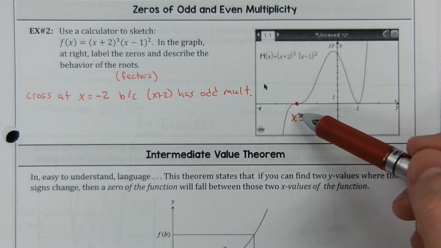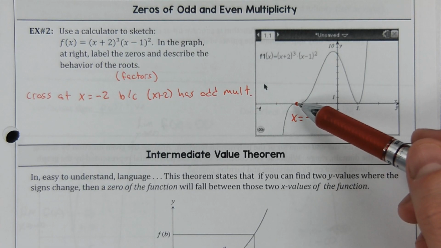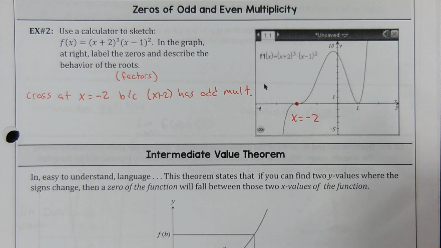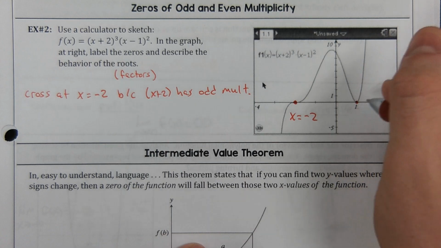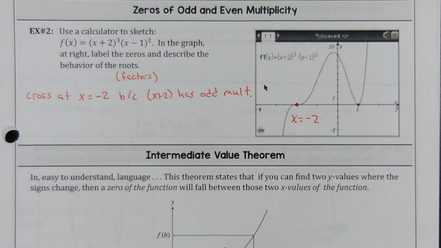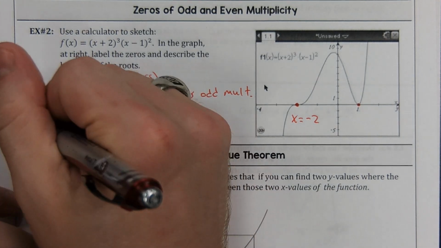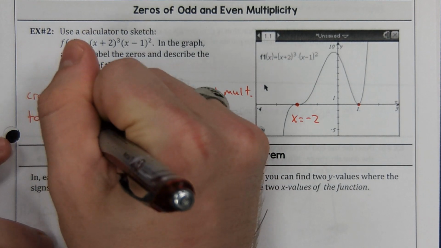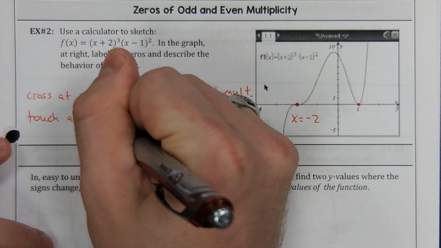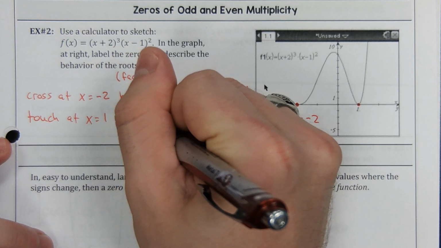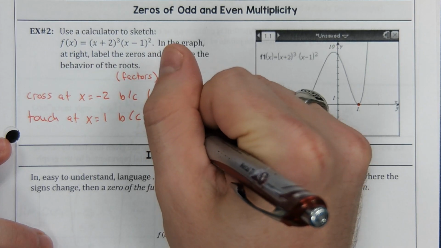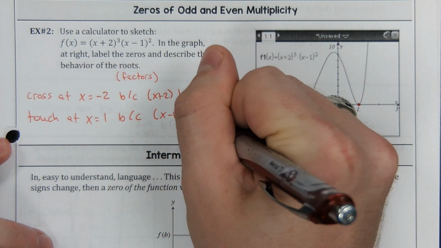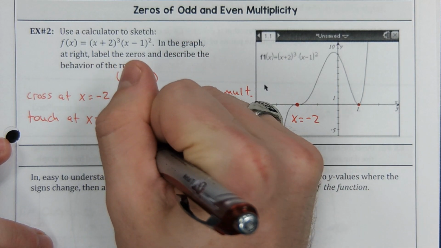And it did it with some flair. Looks like a cubic. At x equals 1, touch or cross? It touches the x-axis. So we'll say we touch at x equals 1 because the factor x minus 1 has an even multiplicity.